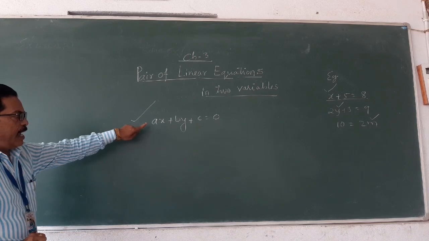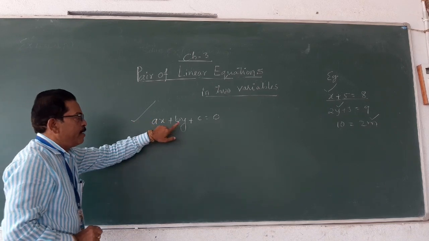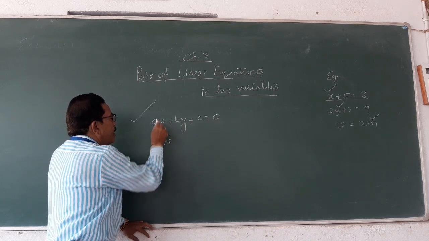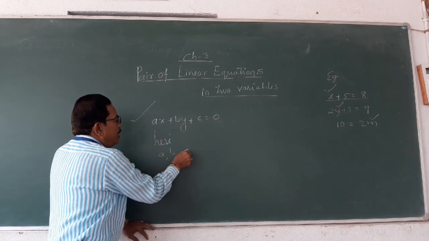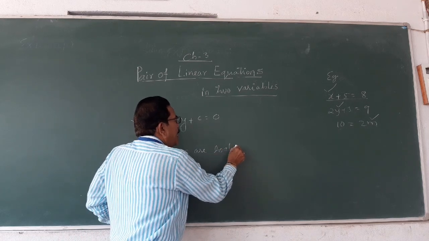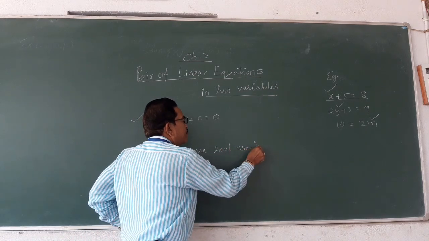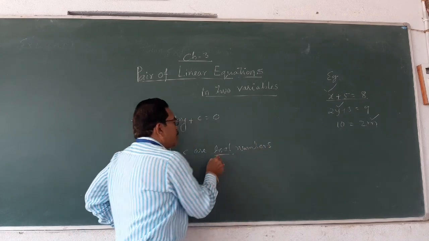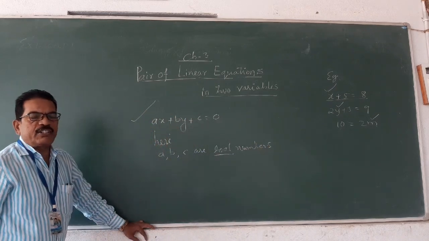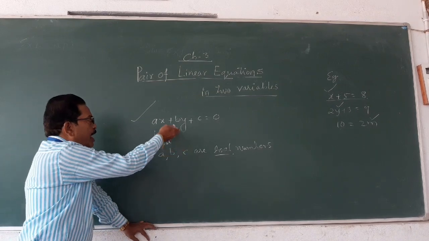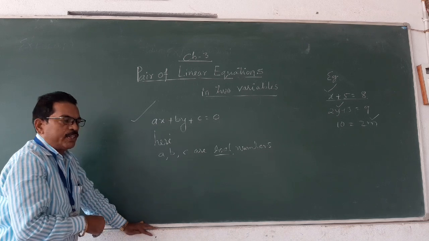Here a, b, c are real numbers. What are real numbers? The set that includes both rational and irrational numbers. That type of numbers will appear in this type of equation.